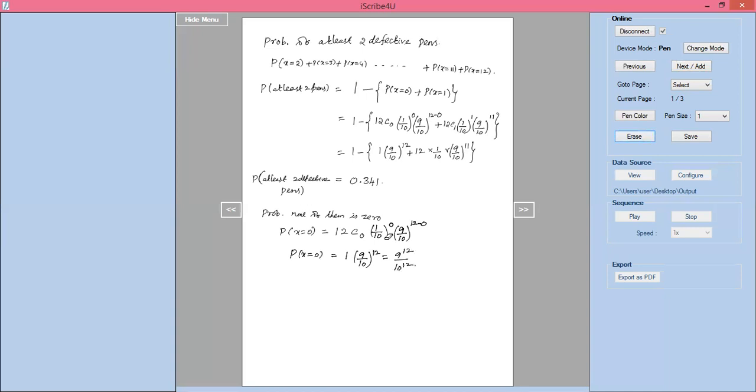This is the probability that none of them is defective, that is, probability of X equal to 0. If you simplify this, you will get 0.2824. The probability that none of them is defective is 0.2824.